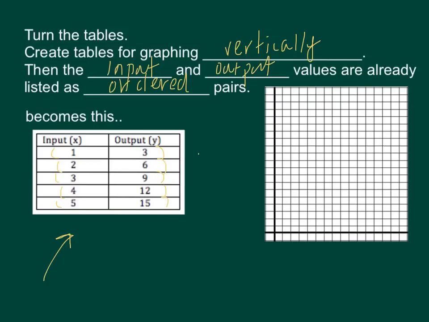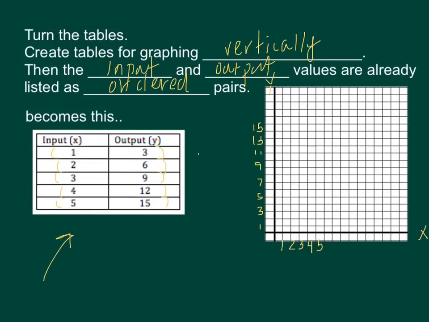Let's make sure we label our X and our Y axes. And we also need to label the units. So I'll have a 1, 2, 3, 4, 5, and it would keep going. Up here on the side, I'll do 1, 3, 5, 7, and so on.